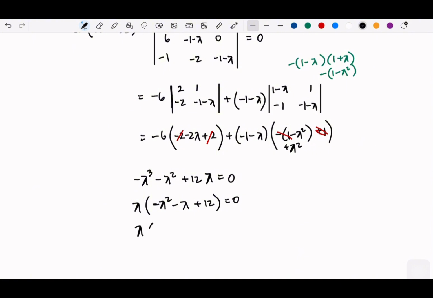Or if you want to factorize, we can write here and multiply with negative. This is what we get. So from here we can take that each one of them are eigenvalues.